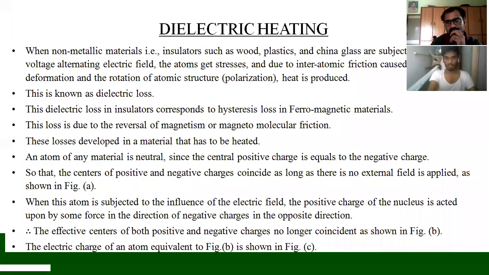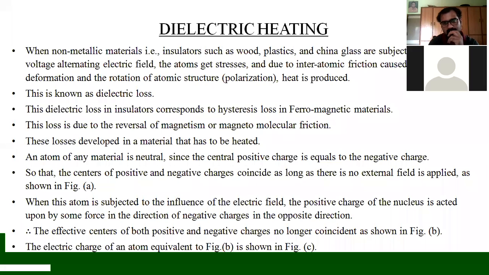Within these, we have different classifications of furnaces, core type and coreless type. The core type is used for low frequencies, and the coreless type is used for high frequencies. These are the topics we covered up to yesterday's class, and the last topic regarding electrical heating is dielectric heating.